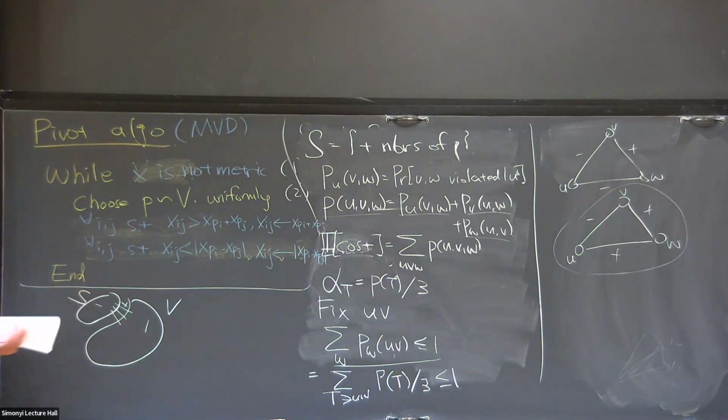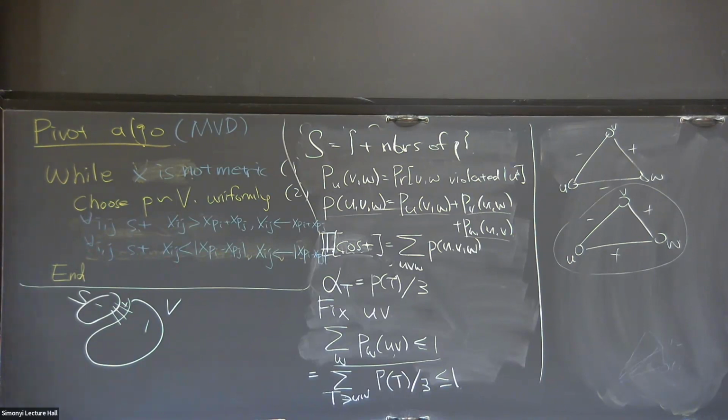Because it looks very local. All you do is, there are some bad triangles. We are maintaining X, so if there's no bad triangle, we're gonna be done. But of course we're trying to fix these bad triangles very myopically: just choose P and then only fix the bad triangles containing P. It's not very complicated.